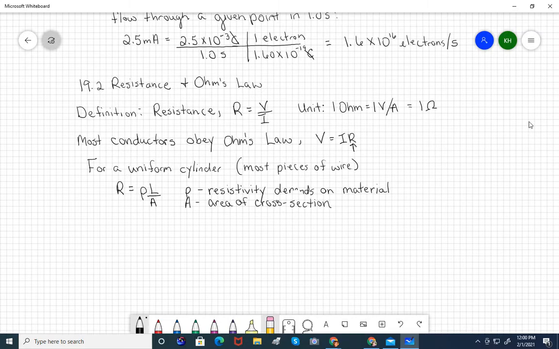The wider or larger the area is, the easier it is for charge to flow. That makes sense. It's just like water flowing through a pipe. If you have a long, skinny wire, it's a lot harder for charge to flow than if you have a thick, short wire.